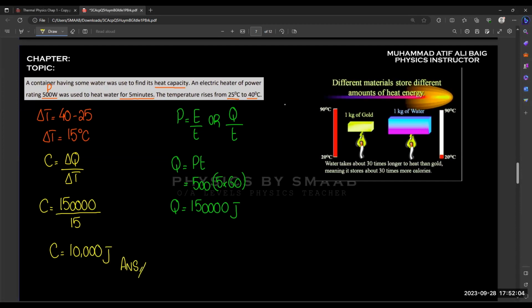So this will be your answer for heat capacity, right? Now you can see how we can relate, because in past papers and in topical worksheets, you also find questions that relate energy with the heat concept. So these types of things are included. That's why we are not solving that question at that moment, because we have to study the heat capacity formula, right?